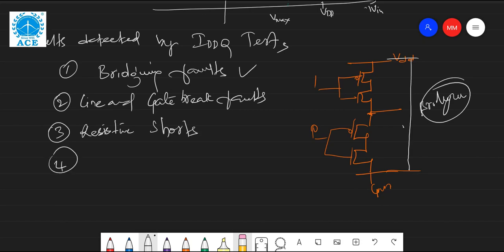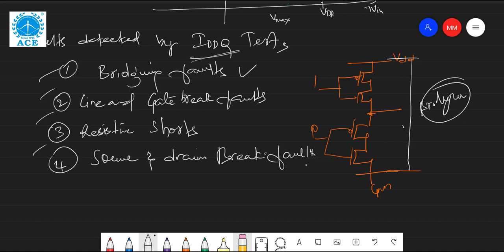The fourth one is source and drain breaking, the break faults in circuits. All such types of faults you will find by the IDDQ test. Okay, right.